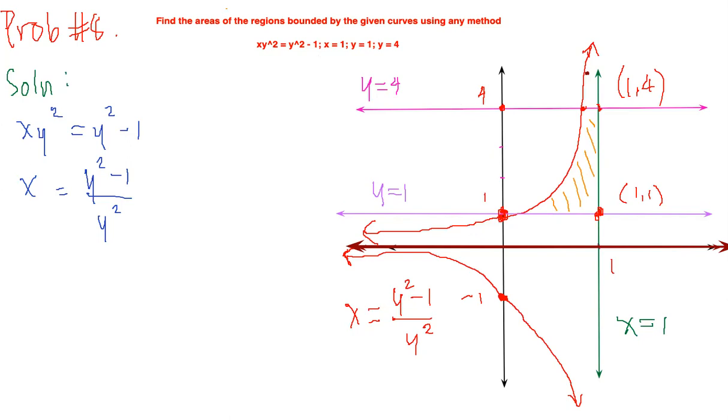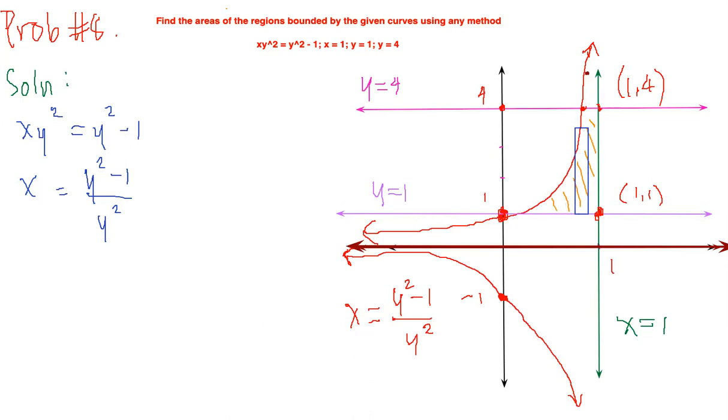So here, let's decide what type of method we are going to use. Let's start with the vertical rectangular strip first. As we observe, the rectangular strip intersects the graph and y is equal to 1, which is good.